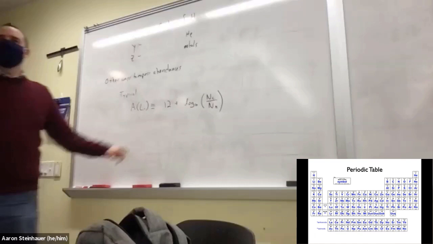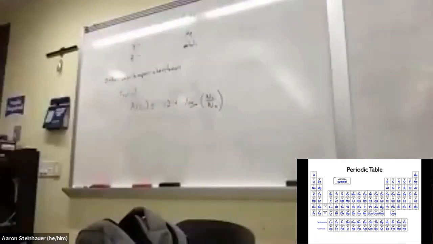Why? Because 12, so lower limit of what's possible. Internet connection apparently is unstable. Okay, except for hydrogen, small.